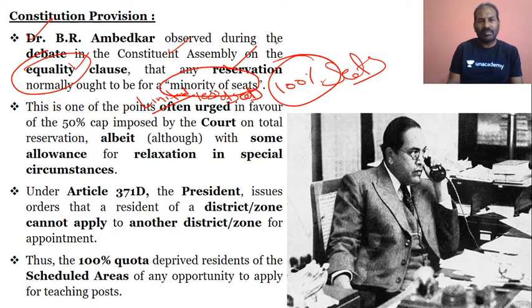Dr. B.R. Ambedkar observed during the debate in the Constituent Assembly on the equality clause, this is again a very important keyword, that any reservation normally ought to be for a minority of seats. And this is one of the points why the Supreme Court, whenever it goes ahead with a judgment, urges the 50% cap, because Dr. B.R. Ambedkar made it very clear during the debate of the Constitution when he was talking about the equality clause.